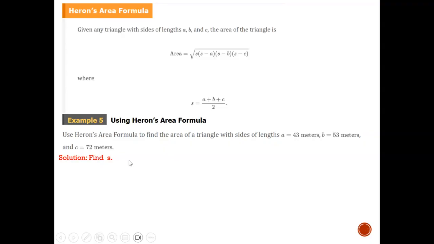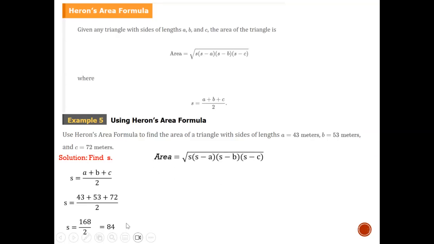First, we need to find S. A is 43, B is 53, and C is 72. So it's 43 plus 53 plus 72 divided by 2. That gives us 168 divided by 2, which is 84. So S is 84.